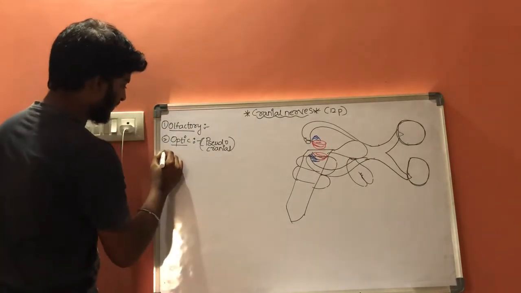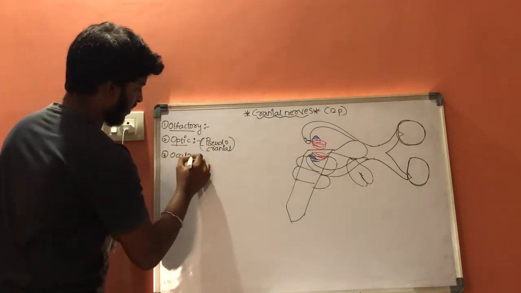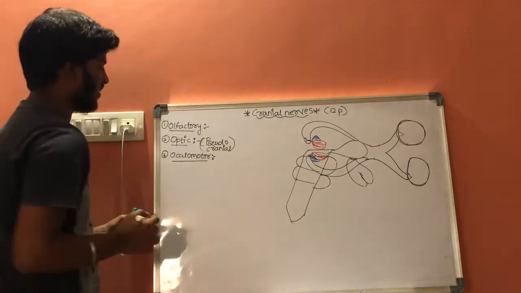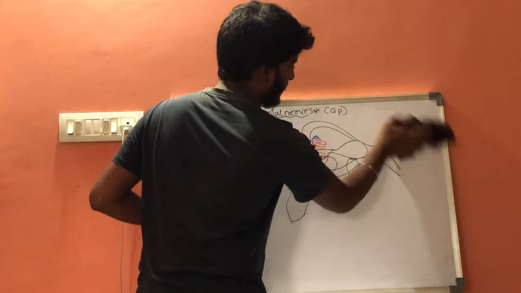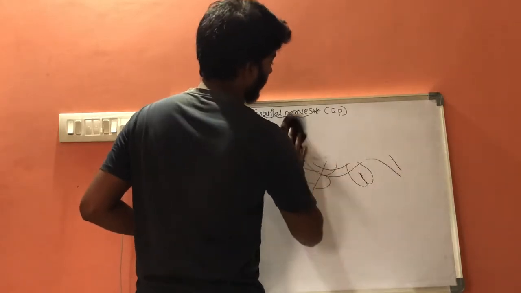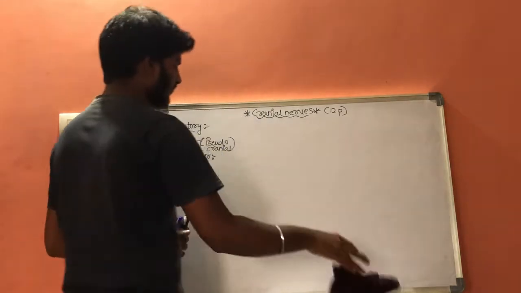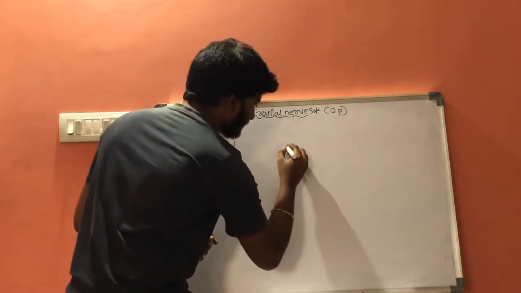And the third type of nerve is the oculomotor nerve. Where is this oculomotor nerve formed? Now let us consider midbrain.